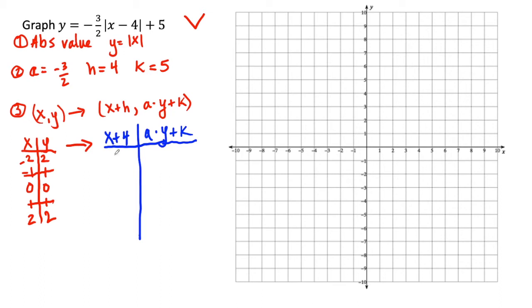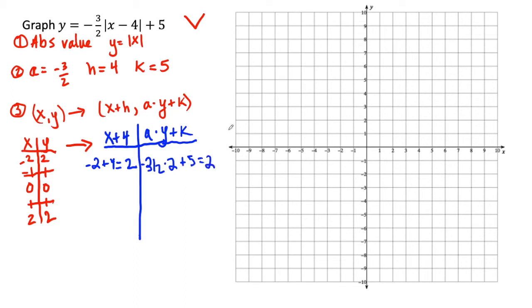So I'm going to do negative 2 plus 4, right? That's this point here. Well, that's going to give me the point positive 2. And then when I plug in 2 for y here, that's going to give me negative 3 halves times 2 plus 5. Negative 3 halves of 2 is negative 3 plus 5 gives me positive 2.